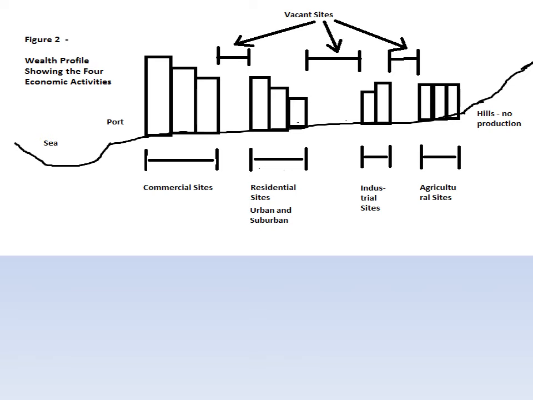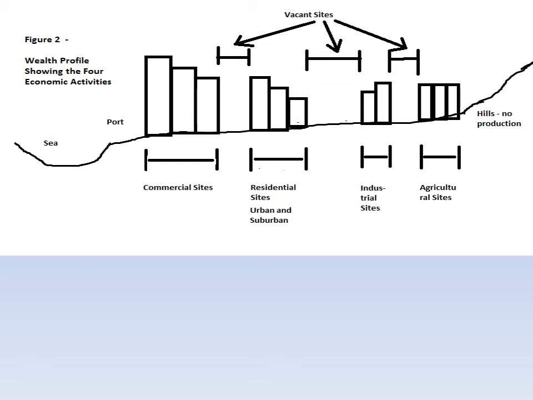First we have the commercial sites that are closest to the port, and these commercial sites are of the highest value. Then next to these sites are the residential sites, both urban and suburban, which are more or less adjacent to the commercial sites, and which the persons who frequent these commercial sites live.